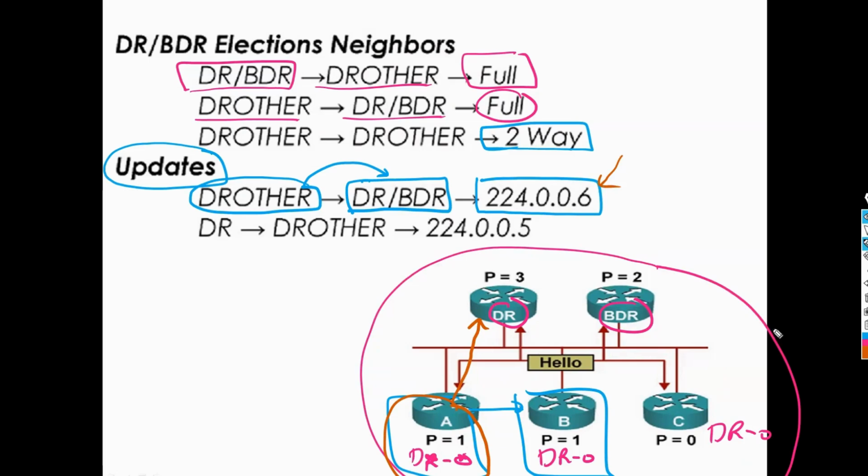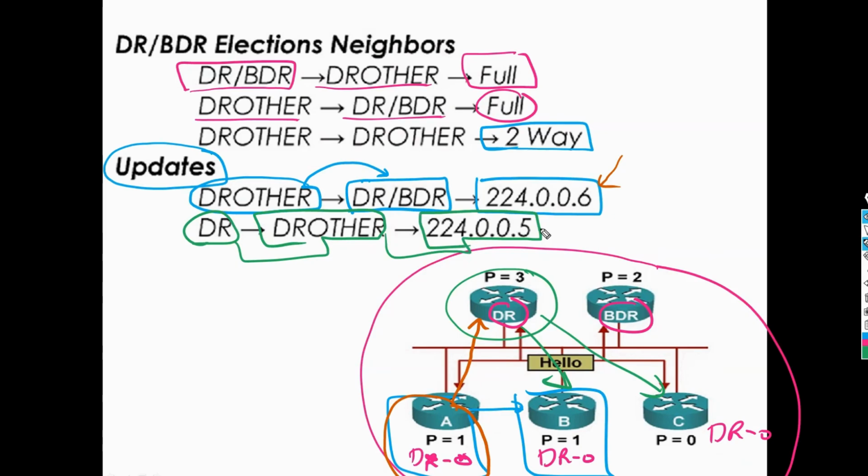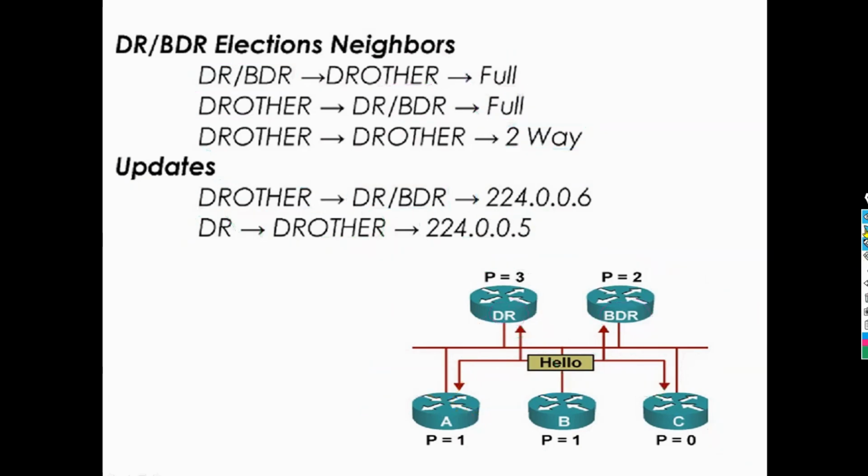And when the DR sends an update to the other DR other routers, it uses multicast address 224.0.0.5. You can verify this, it's not just a story. Let me show you.